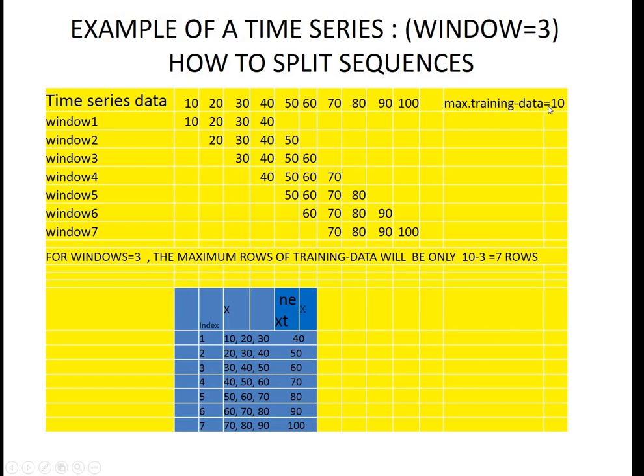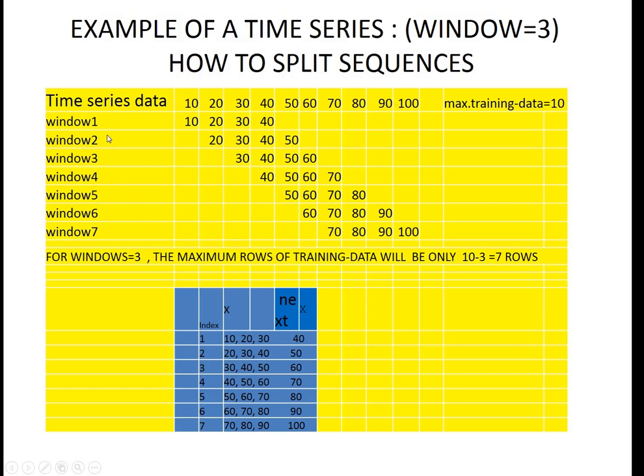That means you have a maximum training data of 10. What you do is, when window is equal to 3, the first 3 data are taken as x, and y will be the next projected value, which is 40. Like this you group 3 data and slide the window up to 100.